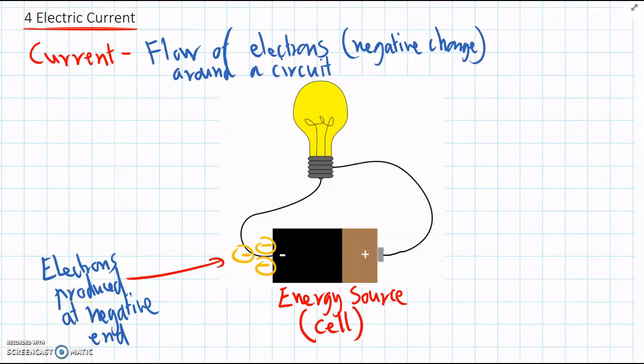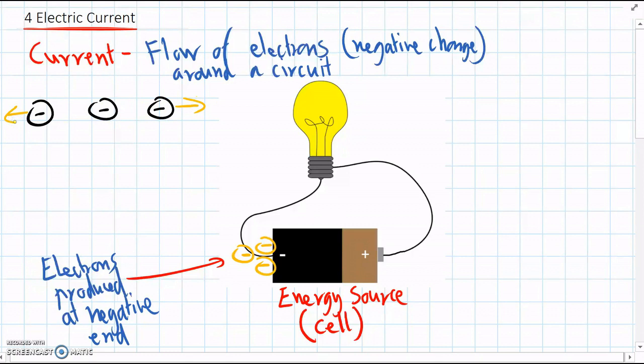And remember early on when we learnt about charge, if we have lots of negatively charged particles near each other, negative charges will repel. So the electrons will try and move away from each other as quickly as possible.